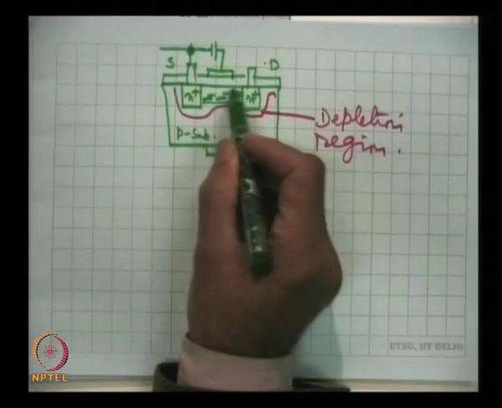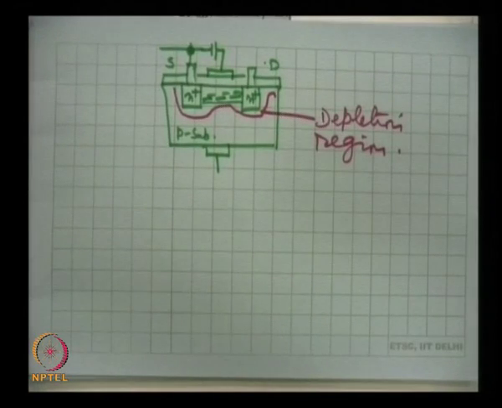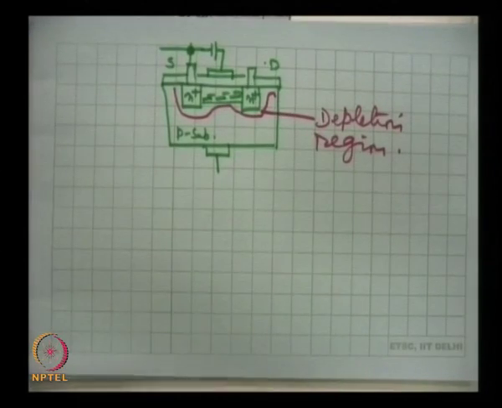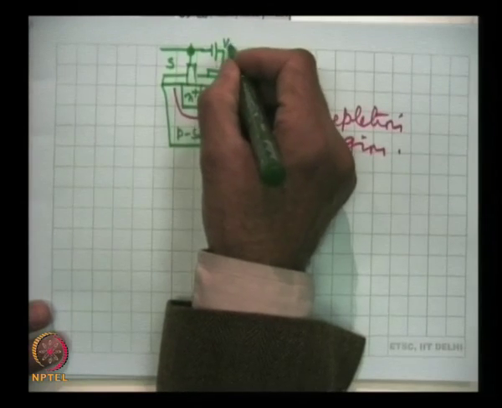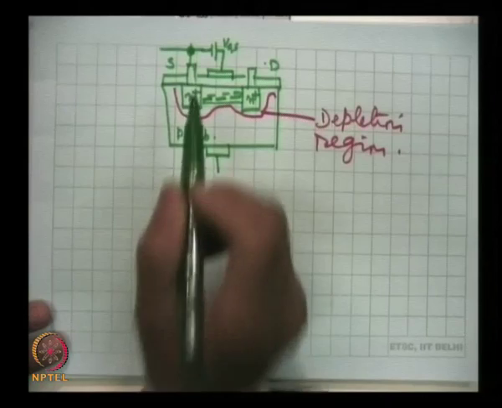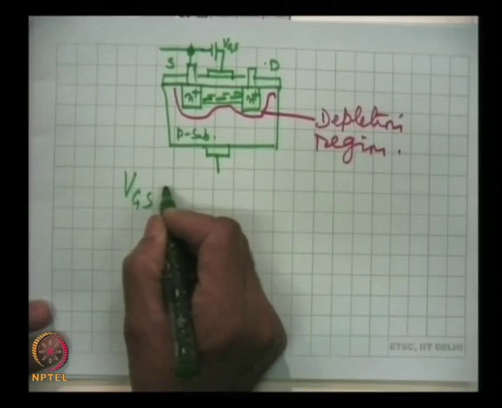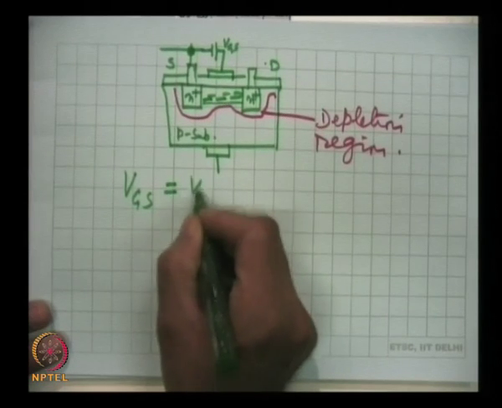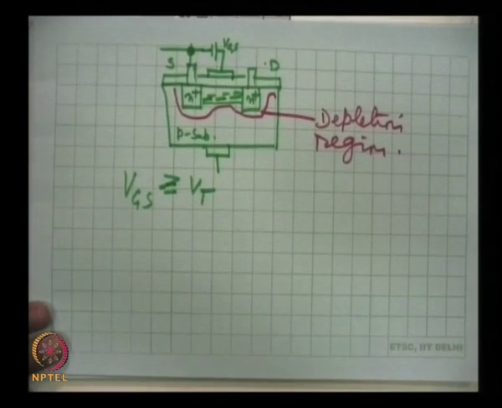This is the channel, and now we will discuss that we can apply the voltage, but remember that for this channel to remain there, VGS, very important, has to be at least equal to Vt. In fact, it is normally greater than that.